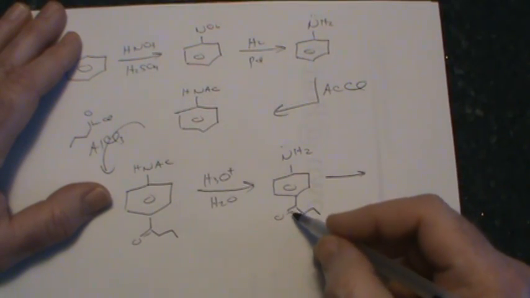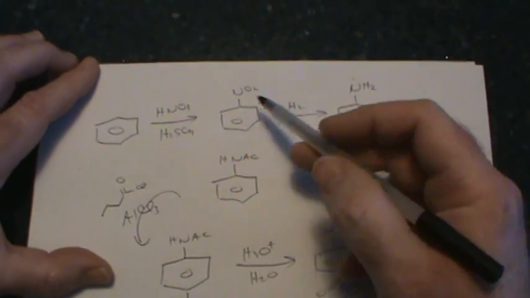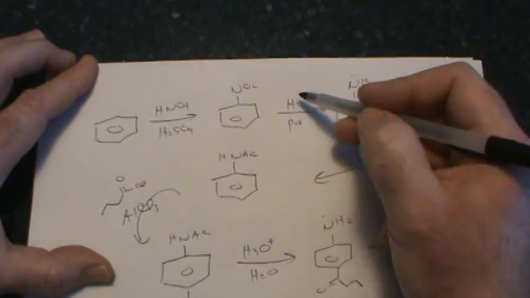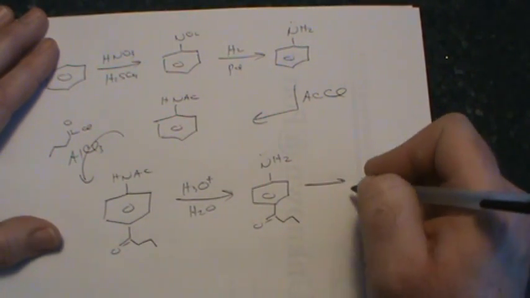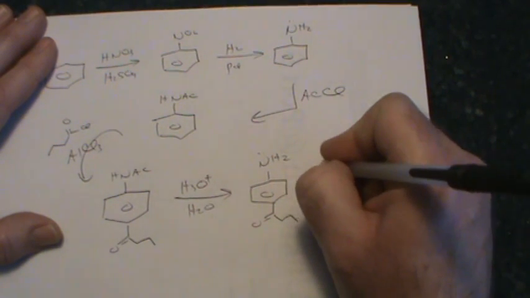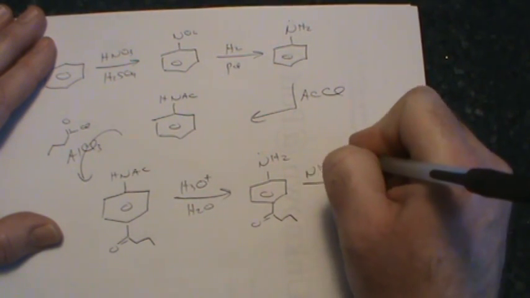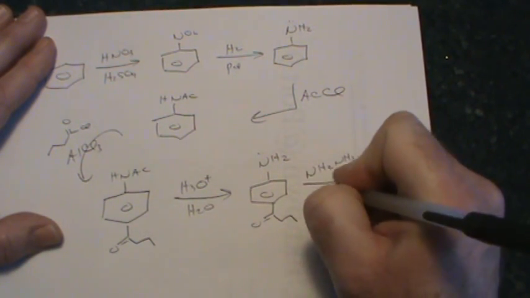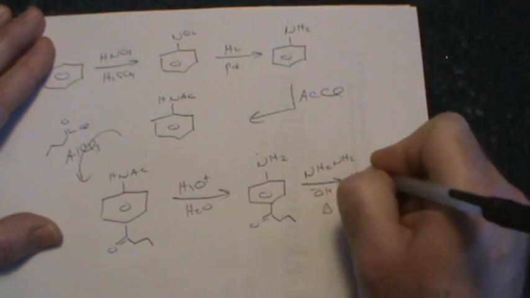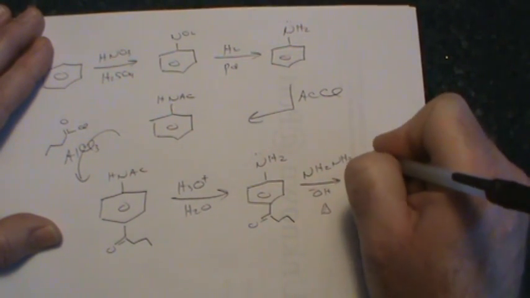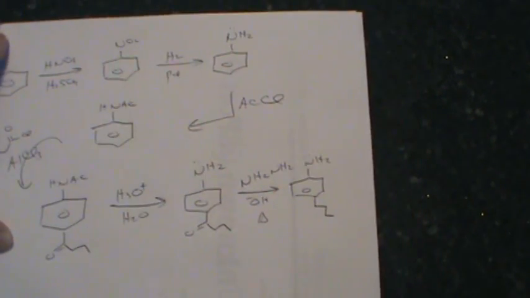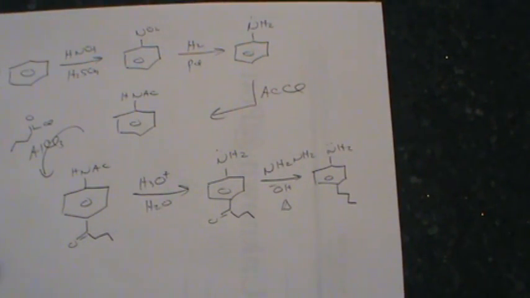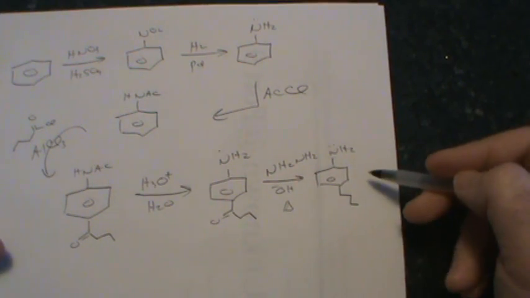Now remember, for this reduction, unlike the nitro to the aniline reduction where we use H2 palladium, for the reduction of a ketone to an alkyl group, we have to use either the Clemmensen or I'm going to choose the Wolff-Kishner reduction in this particular case for no particular reason other than I can. And there it is. This synthesis gets me to the exact same place.